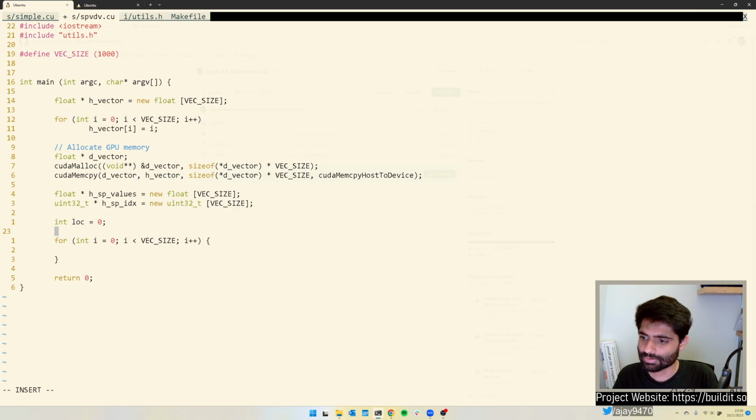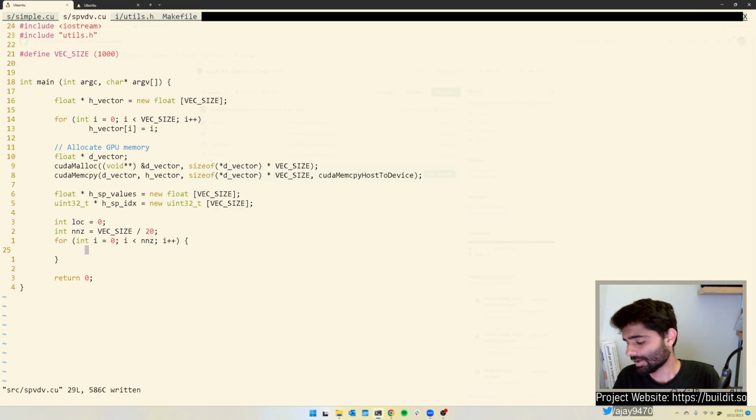So let's say int nnz equals vec underscore size divided by 20, because I'm doing every 20th element. nnz is short for number of non-zeros, by the way. We'll be using this again a lot.